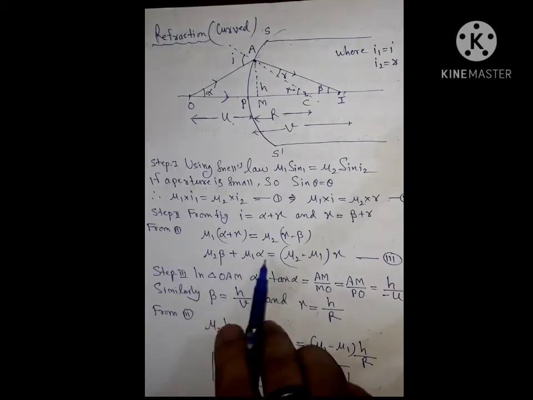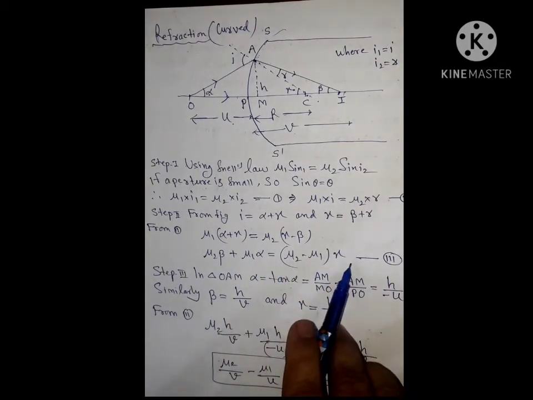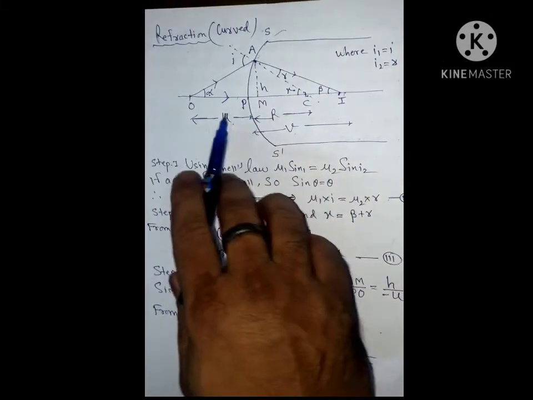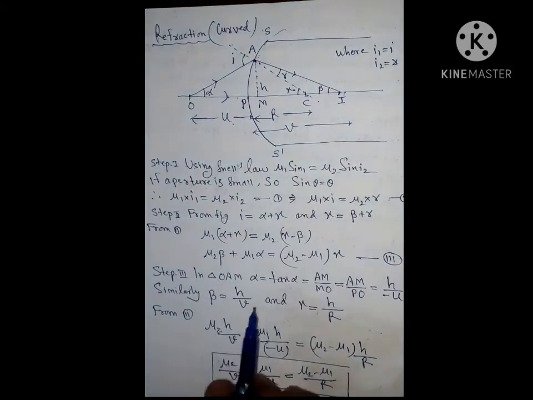Step 3, find the values of alpha, beta, gamma in terms of u, v and r. Put this in the result and you will get your final result.